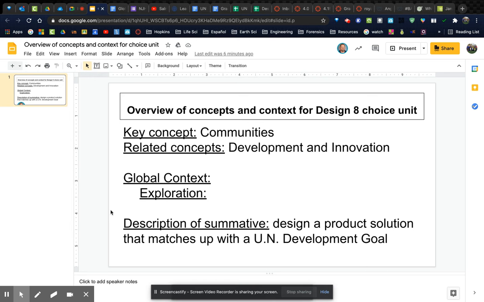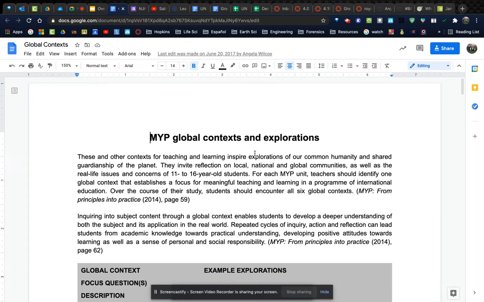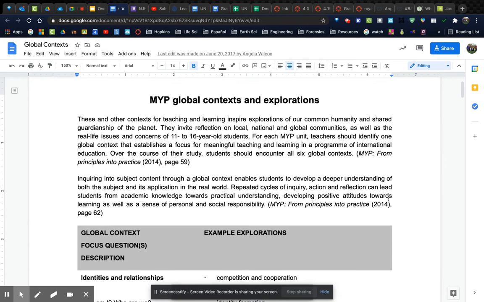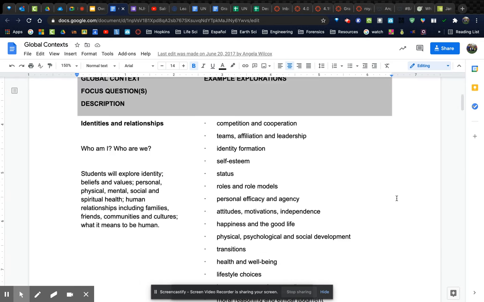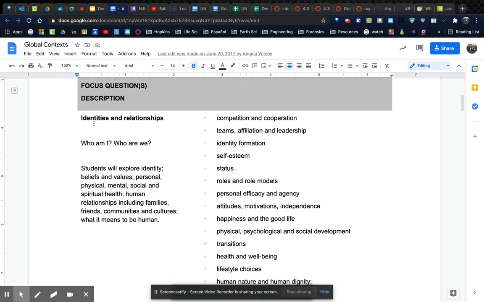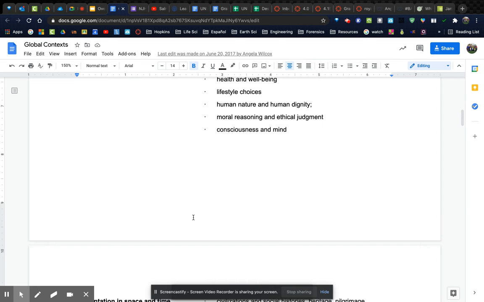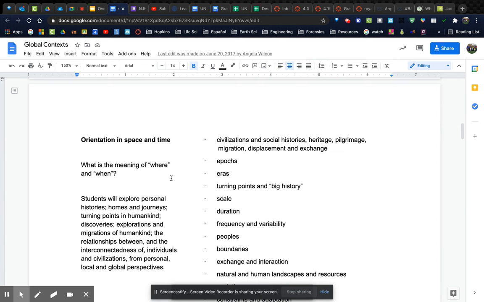So that puts us into trying to choose our global context. We pulled up the document that has all 6 of the contexts, several questions and descriptions of them, and the explorations to choose from as well. We were initially thinking that as we looked over these, identities and relationships probably doesn't fit with what we're looking for.